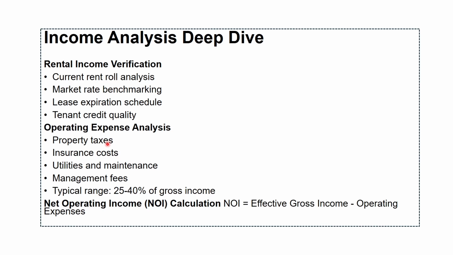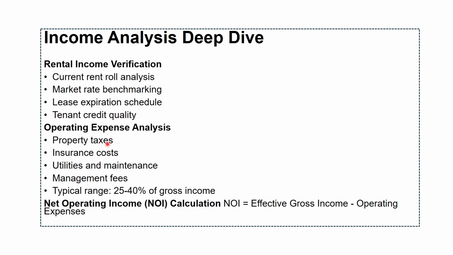Basically that will be about how much rent the tenants are currently paying. That will be an important point here. Then we have market rent benchmarking, that becomes another point.